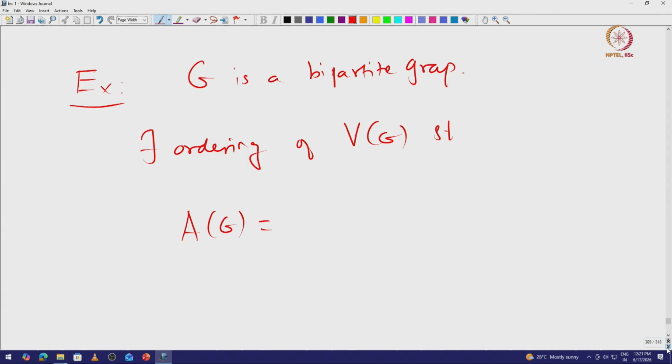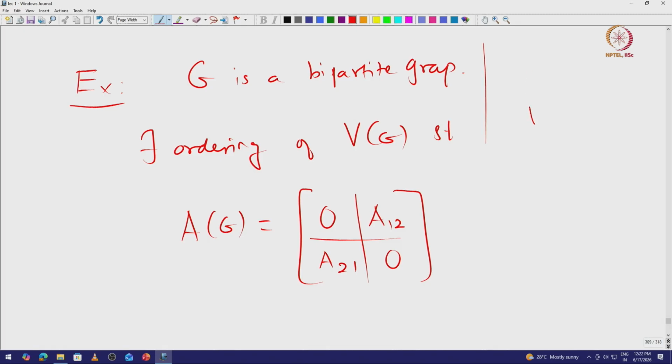If we look at this matrix, you have an ordering or enumeration such that the adjacency matrix of this bipartite graph looks like this block matrix, where we have 0 on the diagonal and then some A12 and A21, where A12 and A21 are related. They come from this bipartition.